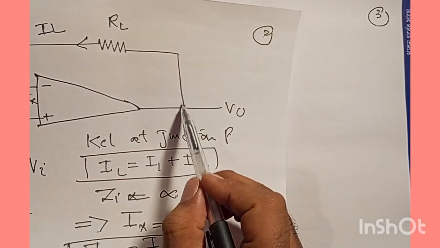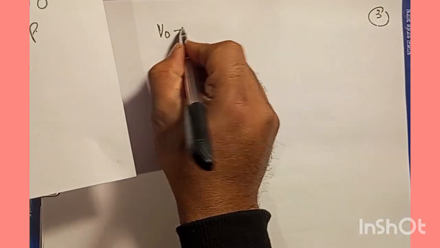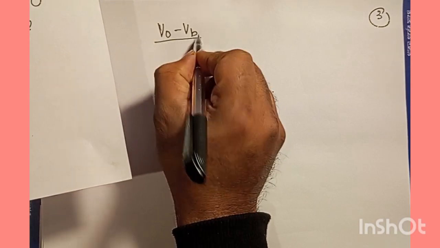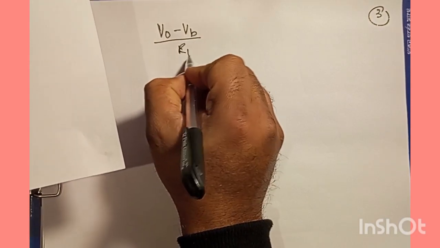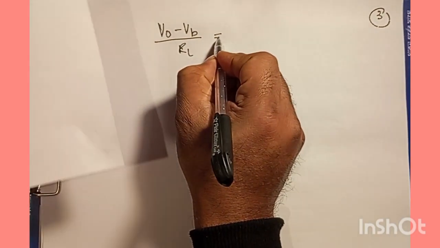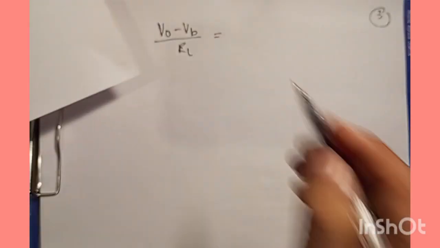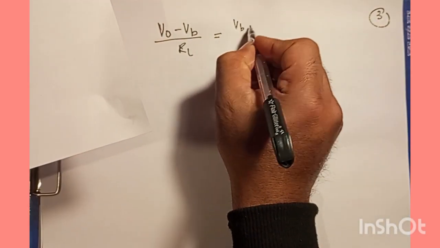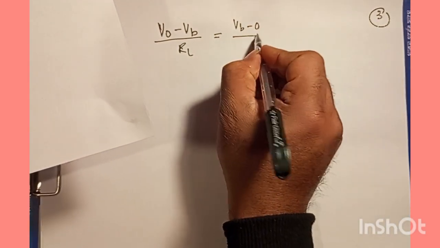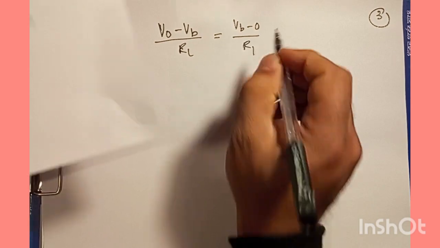It must be equal to I1. So what is I1? It is VB minus 0, divided by R1.